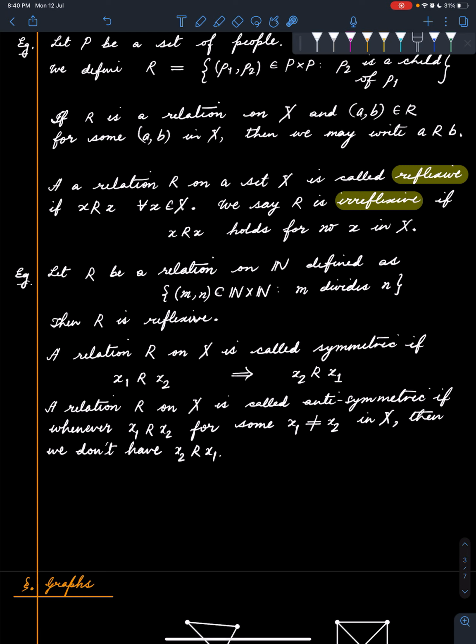So just like irreflexive is the exact opposite of reflexive, antisymmetric is the exact opposite of symmetric.